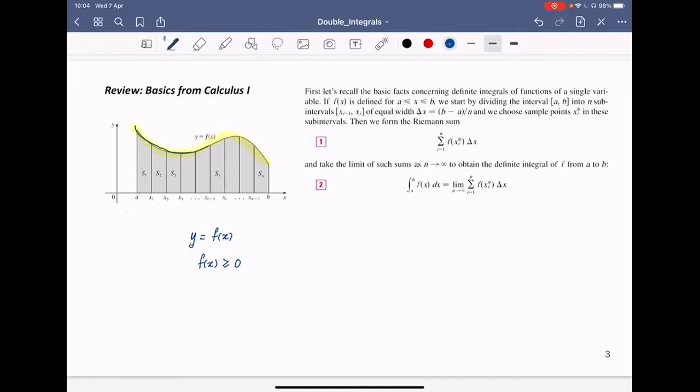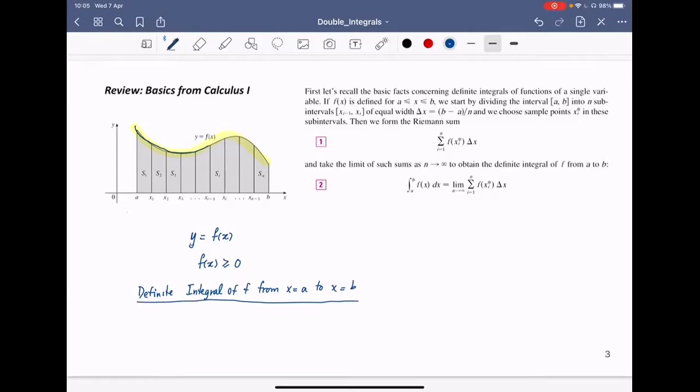Well, what does it mean by the integral of f from a to b? If I add one more adjective, the definite integral. So what does it mean by the definite integral of f from x equals a to x equals b?